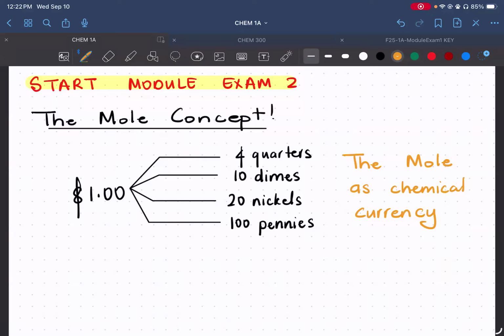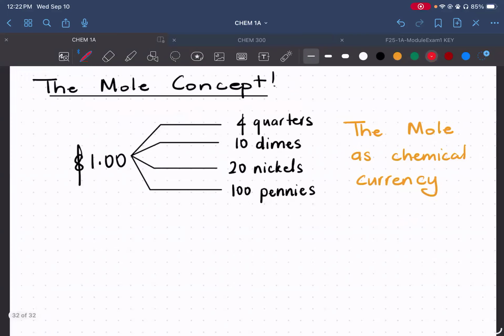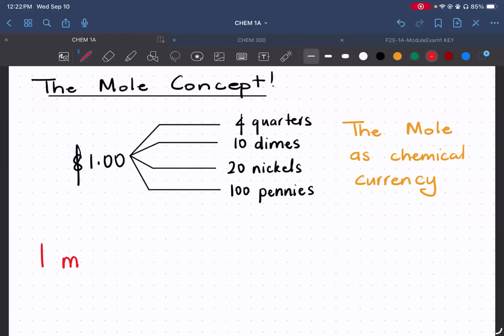However, we do have situations where that mole can take many different forms. The big rule of thumb is 1 mole is equal to 6.023 times 10 to the 23 of anything.